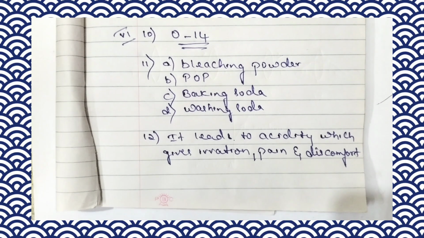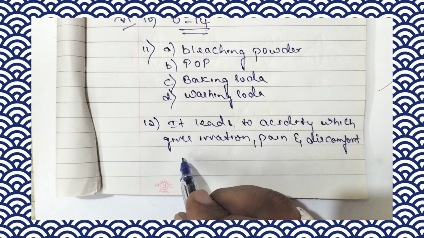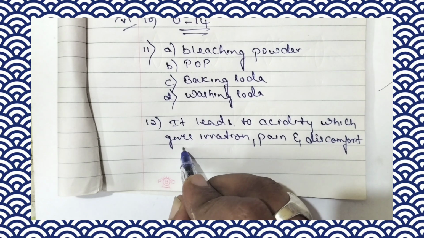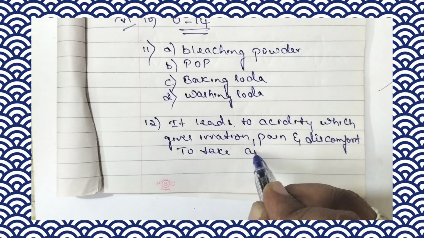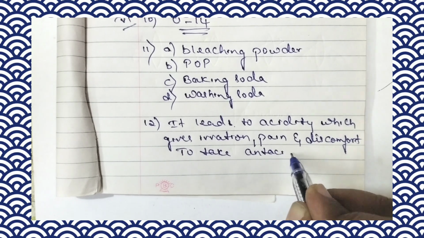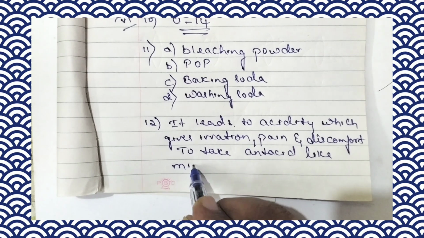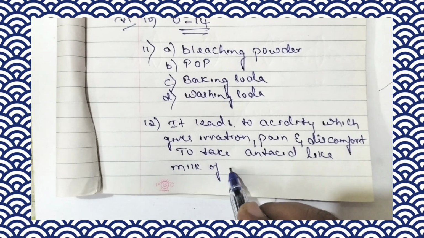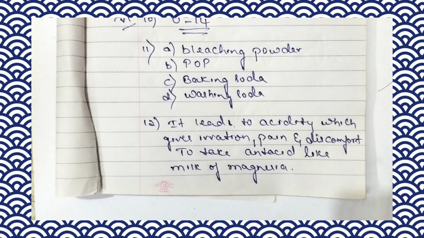So due to acidity we get irritation, pain and we feel discomfort. And what is the remedy? The remedy is to take an antacid like milk of magnesia, that is magnesium hydroxide. So that is the remedy for this situation.